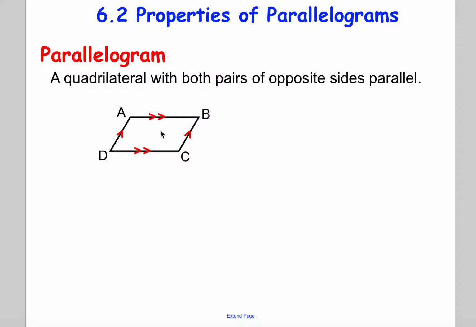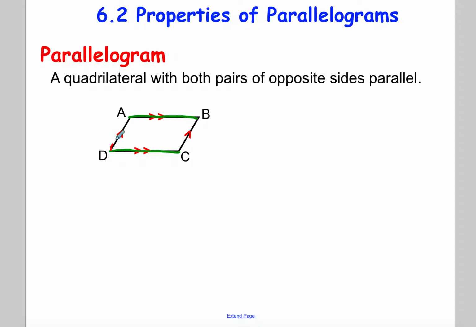But a parallelogram is a quadrilateral that has both pairs of opposite sides being parallel. Both pairs of opposite sides are parallel. Here's what that means. In order for something to be a parallelogram, this side must be parallel to this side.